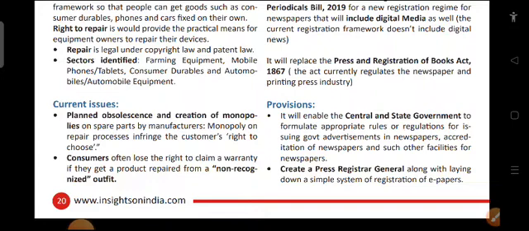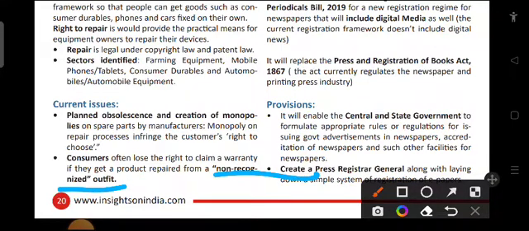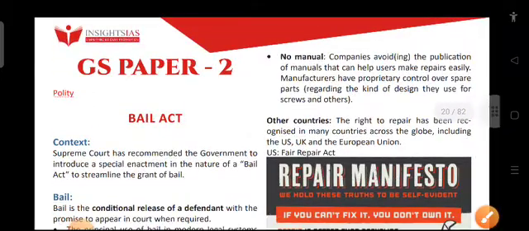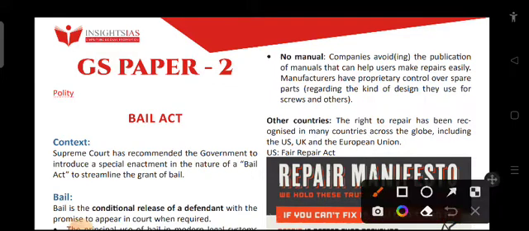Now, consumers often lose the right to claim a warranty if they get a product repaired from a non-recognized outfit. So, if a person repairs it from a non-recognized outfit, then they also lose the right to get a warranty. And no manual. Companies avoid publishing manuals that can help users repair easily.